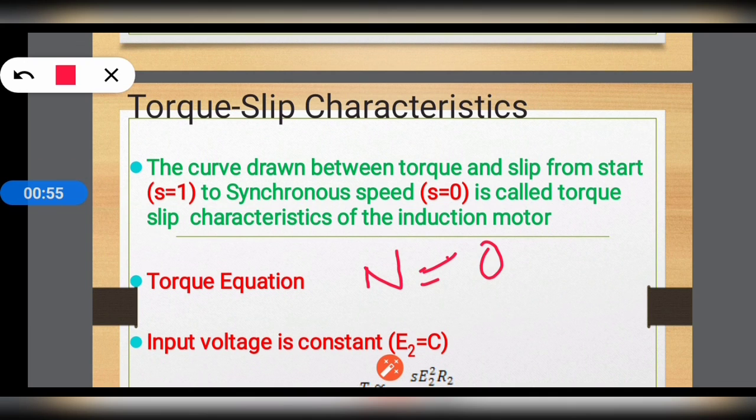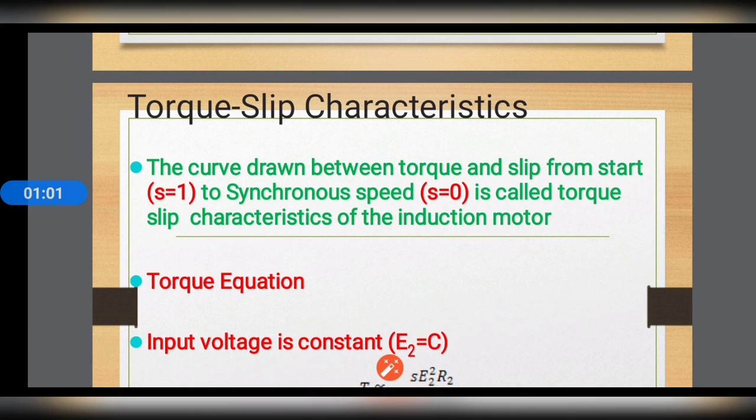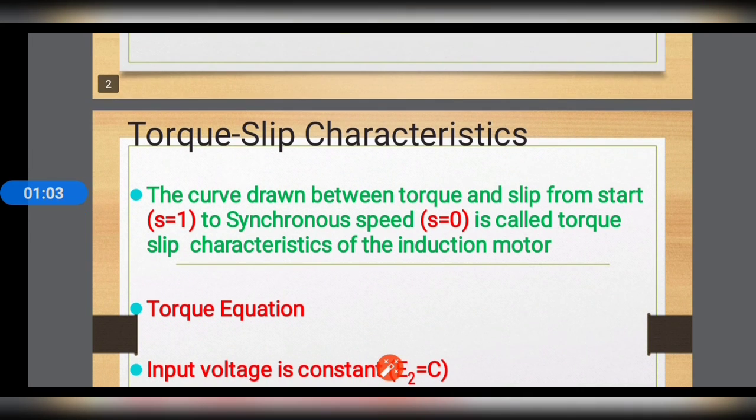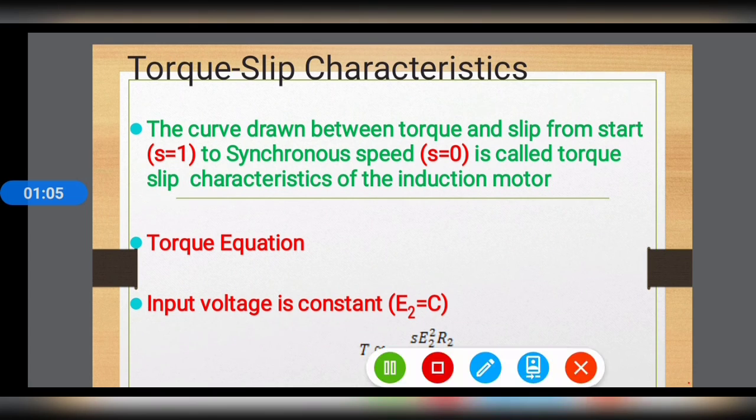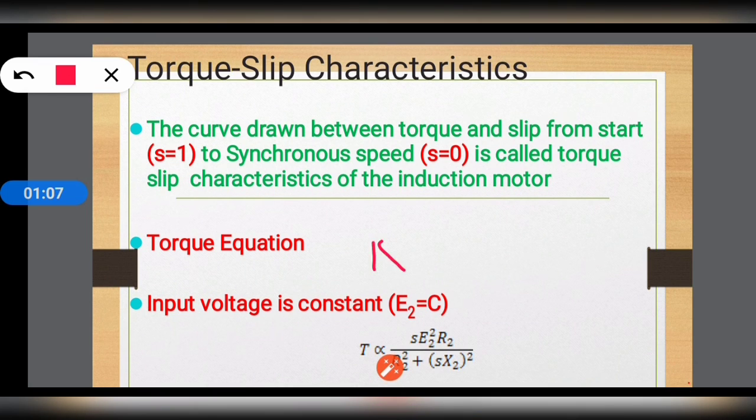And similarly, when n is Ns, slip is 0. So these things we know already.